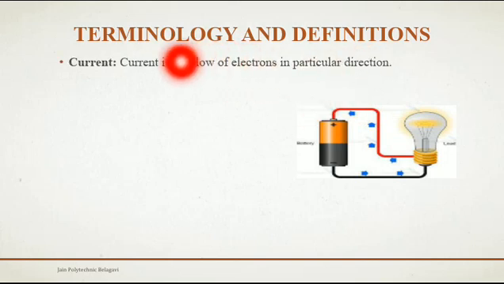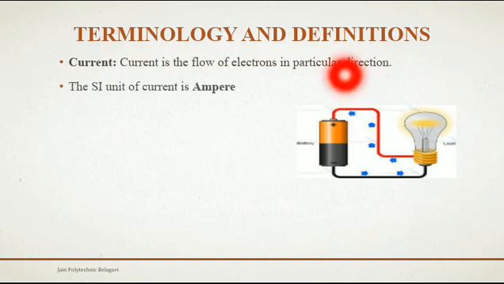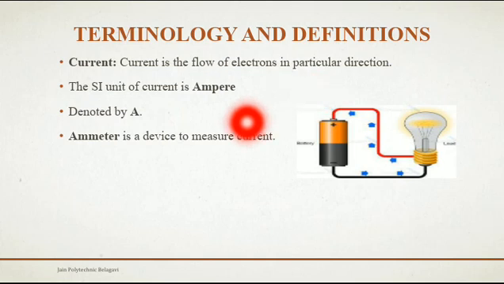First is current. As I said, current is nothing but a flow of charges, or current is flow of electrons in a particular direction. The standard unit of current is ampere, denoted by the letter A, and an ammeter is a device used to measure the current.